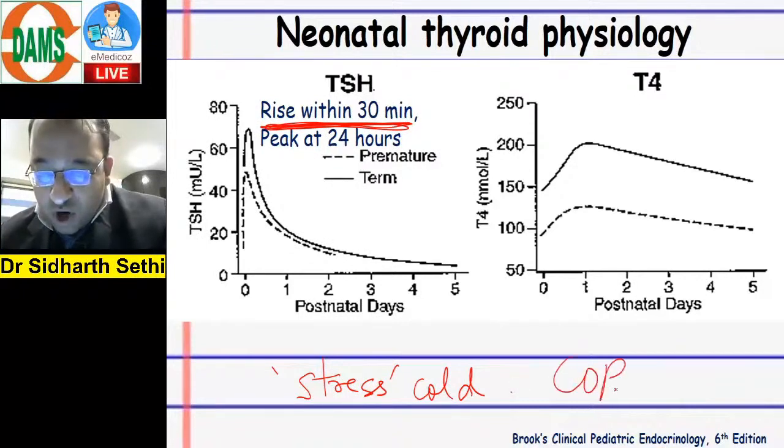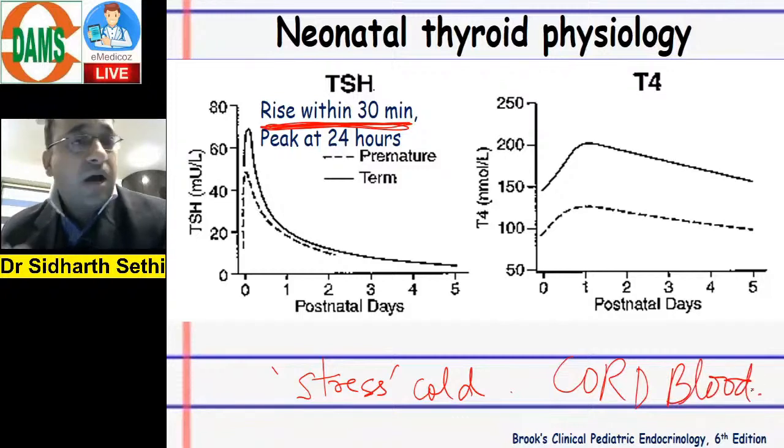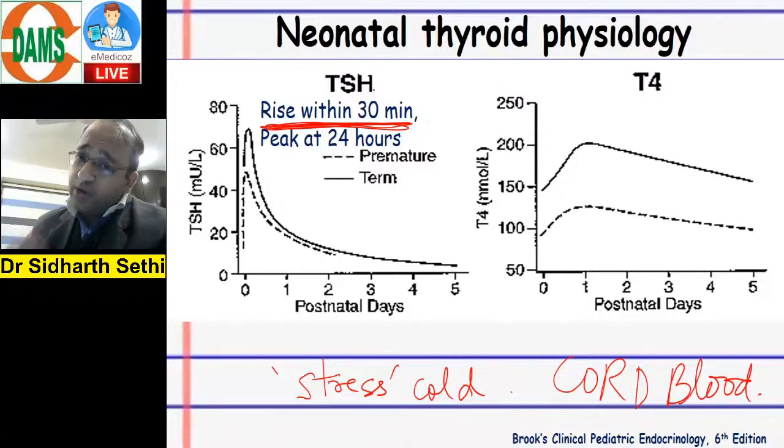You can do a cord blood for TSH, but after half an hour you cannot do a TSH because it will be falsely high. Please remember, I'll explain it later also: if you have to do just TSH, you can do it in cord blood.